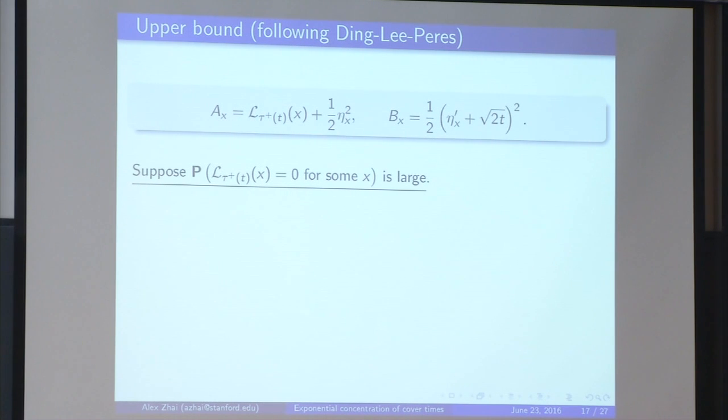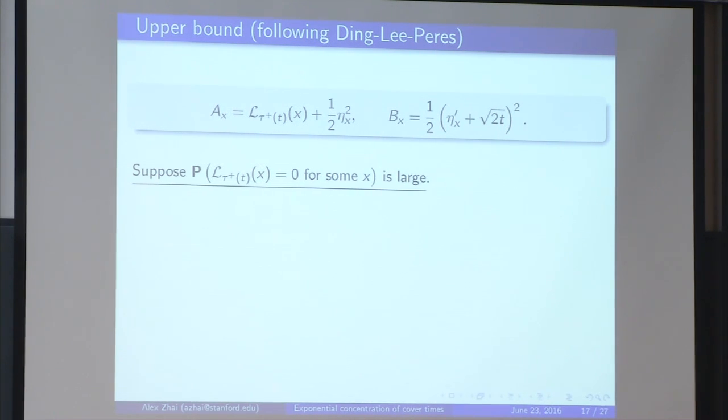Let me just say it again. Suppose I have some value t, and for some reason I haven't visited all the vertices yet with pretty good probability.